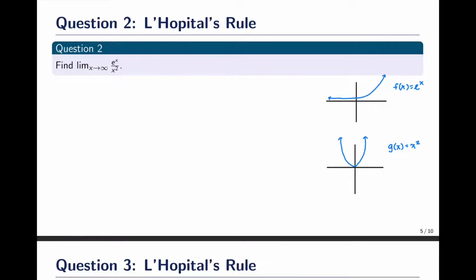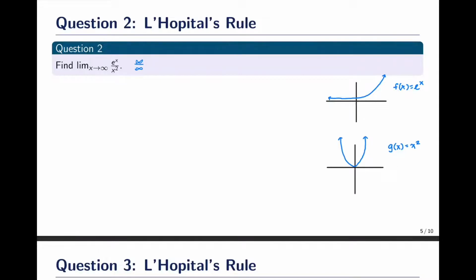So that tells me that as I send x to infinity, this numerator, e to the x, is going to also go to infinity. I'm going to do the same thing for x squared. As I traverse the positive x-axis, I notice that x squared is also going off to infinity. So I have the indeterminate form infinity over infinity, which is the second case that we saw in the statement of L'Hopital's rule.